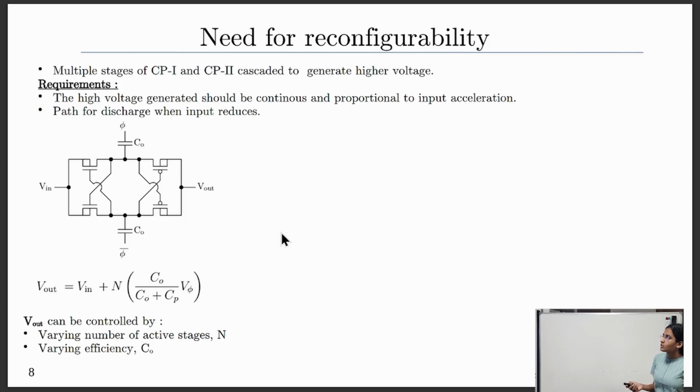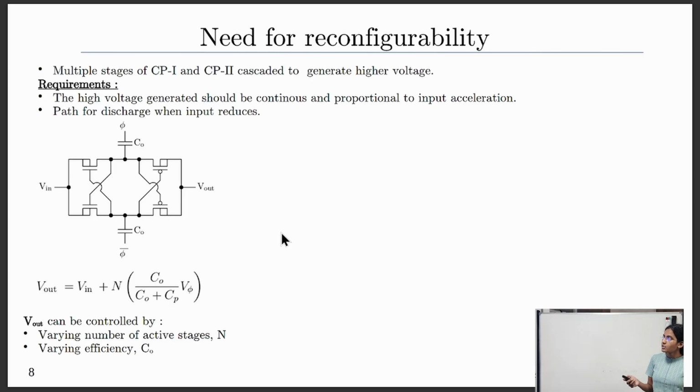Now we will be cascading multiple stages of CP1 and CP2, and we will be generating high voltage which will drive the actuator. But we should also note that there is a need to control the output voltage that is generated, because it should be proportional to the input acceleration, and also there is no path for discharge when the input reduces.